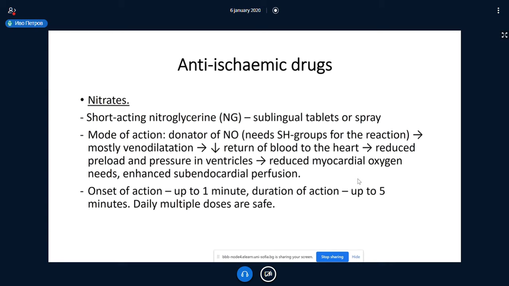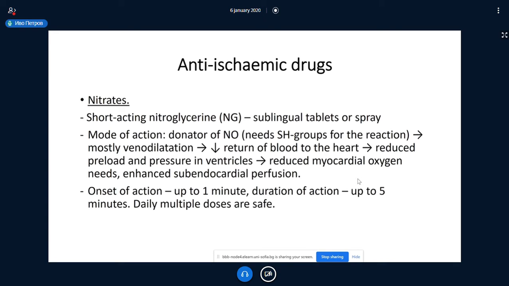The reduction of the venous return is decreasing the pressure in the heart and the preload, and reducing the preload is reducing the oxygen demand, which decreases the disbalance between oxygen demand and oxygen supply. And this is the main mechanism for the anti-anginal effect.